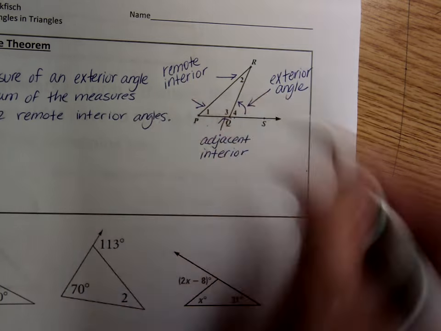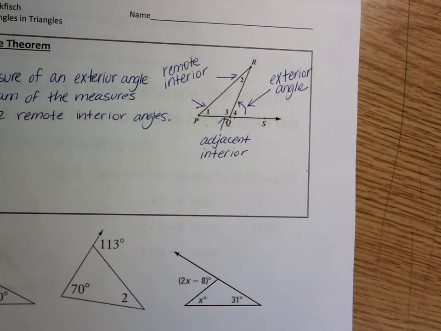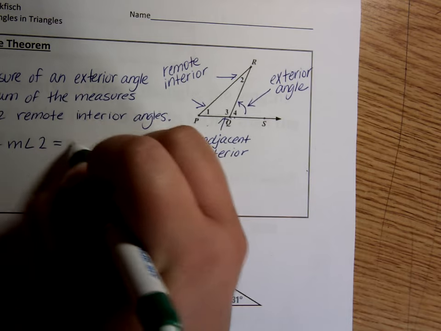Meaning in this picture that 4 is equal to 1 plus 2. So measure of angle 1 plus measure of angle 2 equals measure of angle 4.